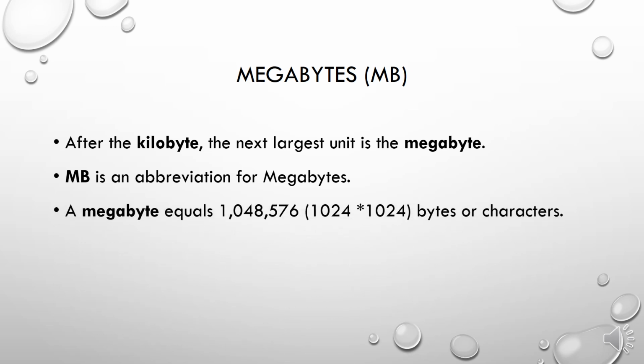A megabyte is equivalent to 1,048,576 bytes. You are just multiplying 1024 by 1024 to get this number, 1,048,576 characters, which is approximately 1 million. So if you have 1 million bytes or 1 million characters, you have 1 MB, that is 1 megabyte.